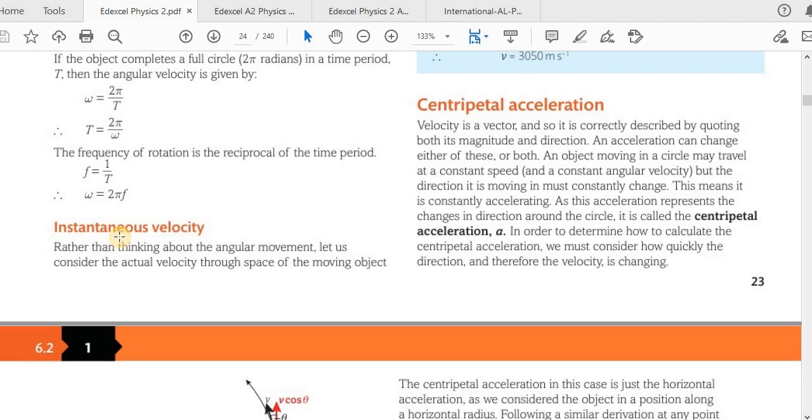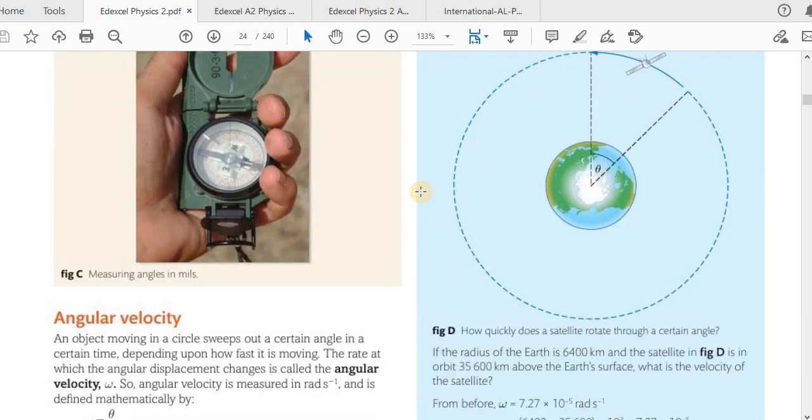Let's say you are traveling in a car that is going north, not changing direction, and at that moment the reading on the speedometer is, let's say, 60 kilometers per hour. So the instantaneous velocity at that moment will be 60 kilometers per hour in the north direction. Because velocity is a vector, I mentioned the direction also.